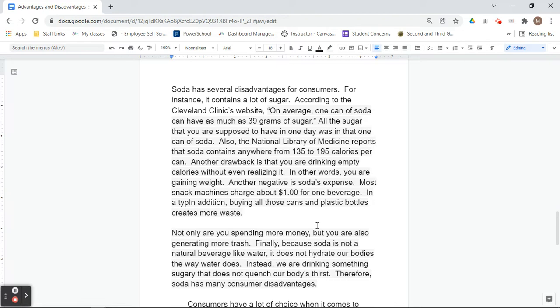Most snack machines charge about $1 for one beverage. Maybe I'll take that out, I'm not really feeling that. In addition, buying all those cans and plastic bottles creates more waste.